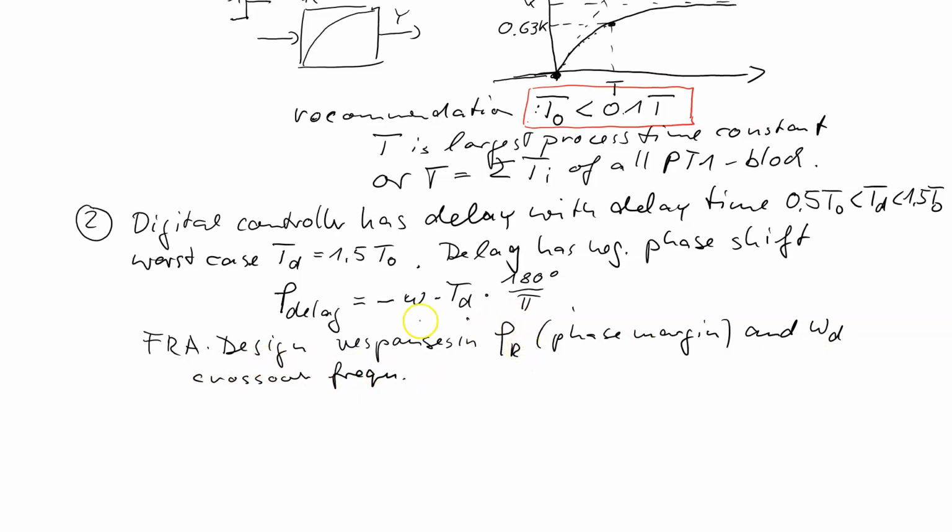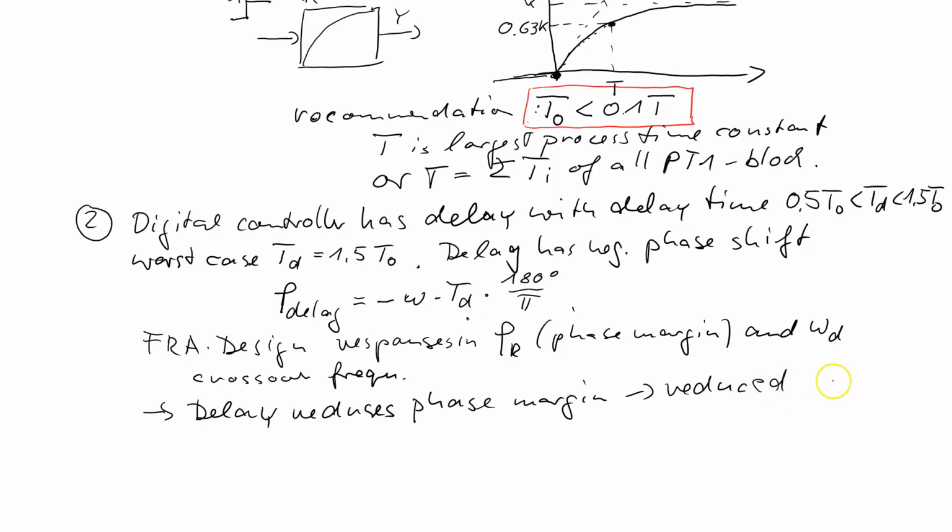Phase margin is then reduced by the phase of the delay if you leave the design parameters unchanged. So we have the same control crossover frequency, then you reduce the phase margin by the phase of your delay time block. So delay reduces phase margin, and that means damping. The delay causes reduced damping.